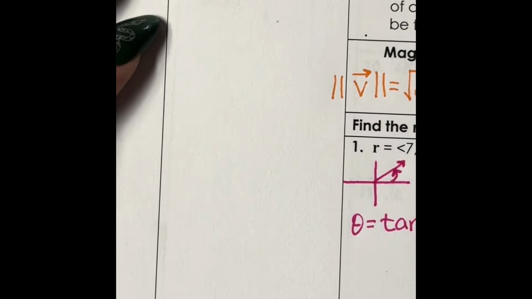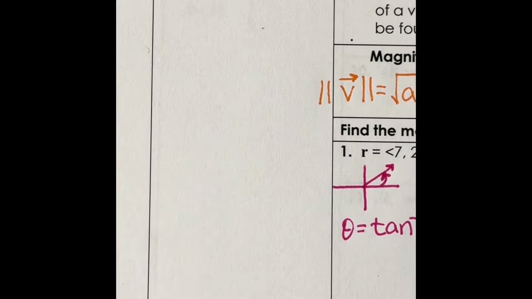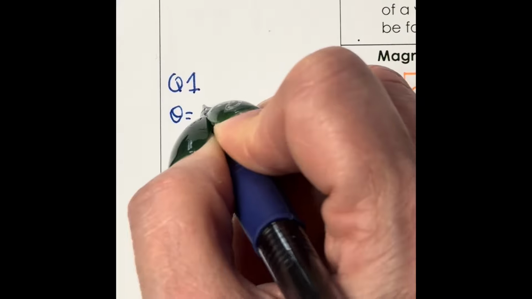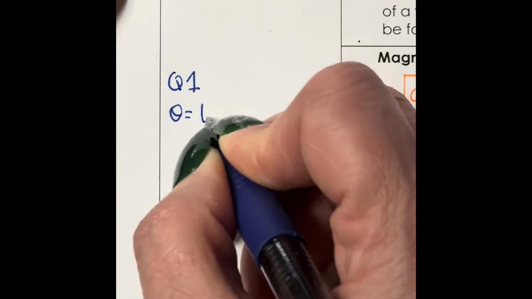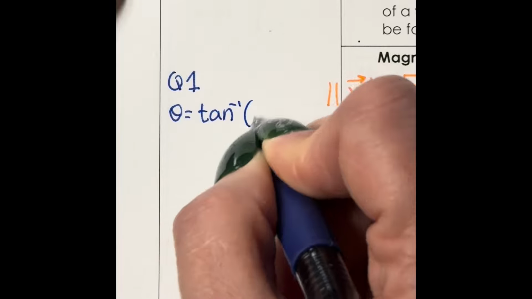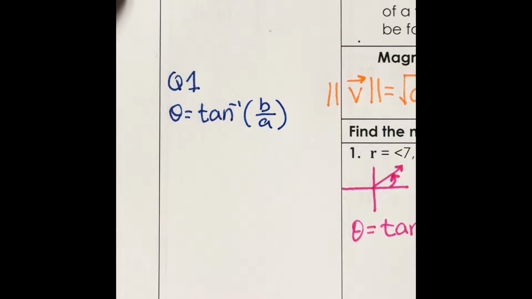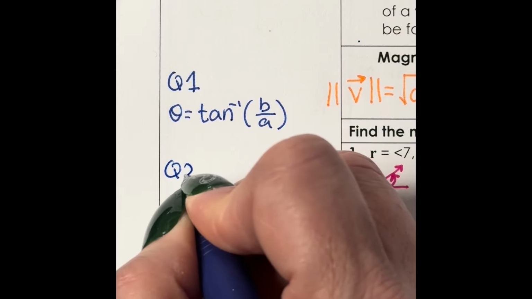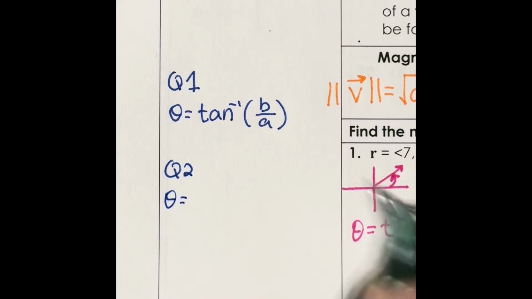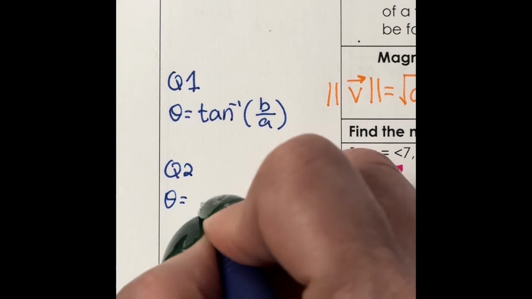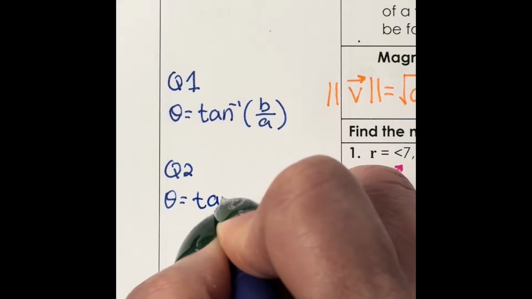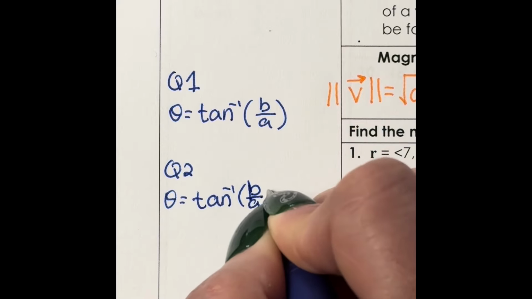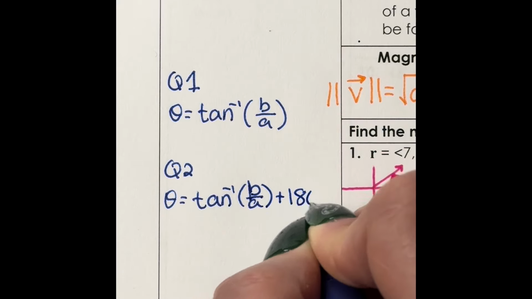All right, so I'm going to put it over in the little space we have here. So we have quadrant 1. To find theta, we're just going to type in the inverse tangent of B over A, and we don't need to do anything to it. That is our answer. All right, that's quadrant 1. Quadrant 2, to get theta, we're going to take whatever we get when we type in inverse tangent of B over A, and we're going to add 180 degrees to it.